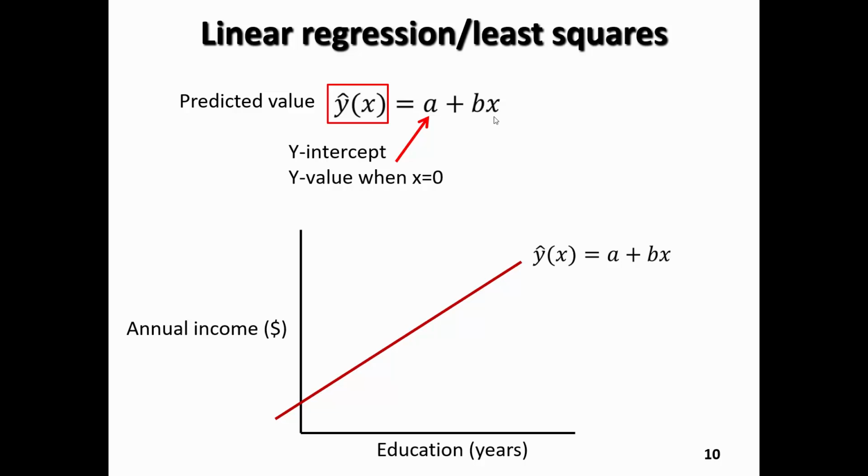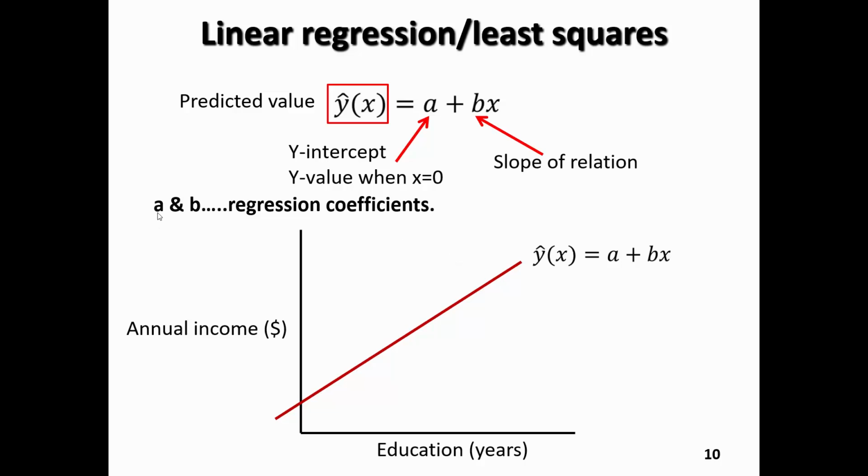So if we enter a value for x of 0, this term goes to 0, and all we're left with is A. And we'll see that on the graph shortly. The B, what we will refer to here in the future as the coefficient, is a fixed value. So A and B are two fixed numbers that are properties of the relationship. The B is specifically the slope of that relation, which is best depicted on the graph below.